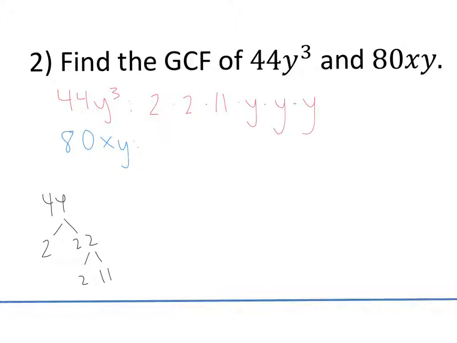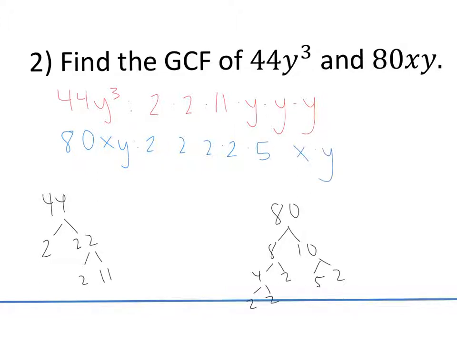And then I'll go ahead and break down 80, and 80 breaks down into, we could do 8 and 10, and then 8 breaks down into 4 and 2, and then 2 and 2. 10 breaks down into 5 and 2, so 80xy breaks down into 2 times 2 times 2 times 2, so 4 of them, times 5 times x times y.